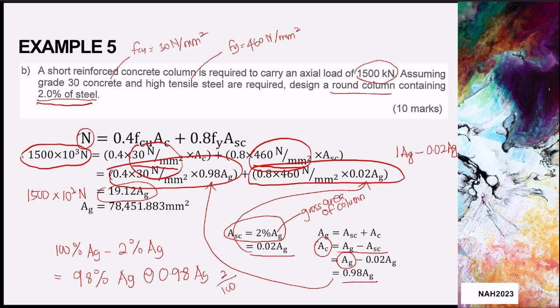And to get the value of AG, just simply ambil 1500 times 10 power of 3 Newton bahagi dengan 19.12, you will get 78,451.883 mm square. This is the gross area of column.